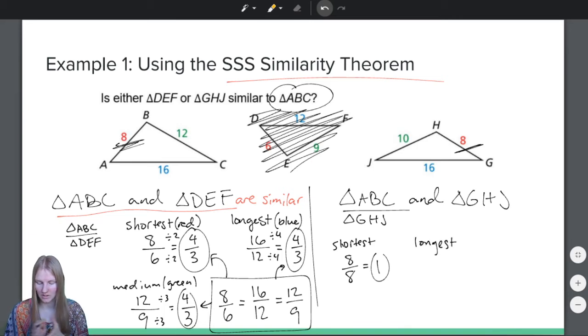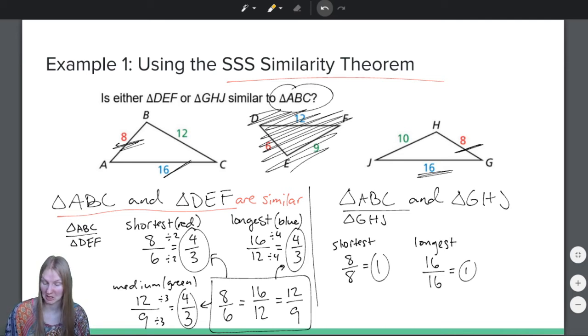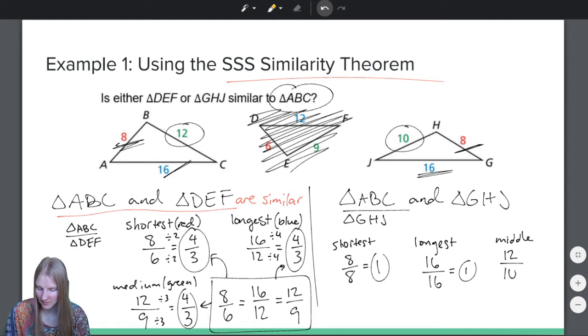The ratio of the longest sides, the blue, we have 16/16, which is 1. Okay, so the blue sides are the same length as well. Now, you might already be able to tell that these shapes are not similar, but let's keep going. We're going to look at the middle side, which is 12/10.